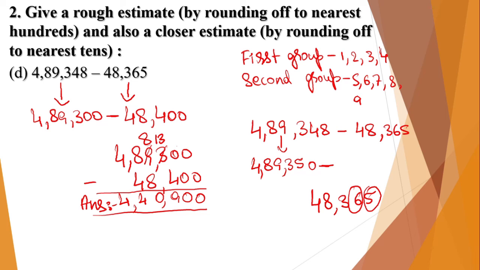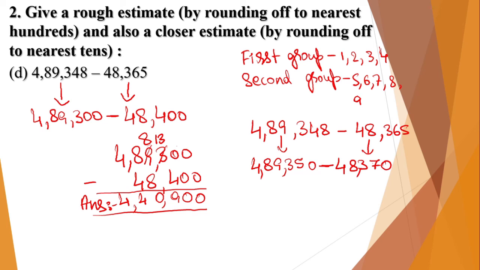And 6 plus 1 is 7. So 483 will be as it is, and 6 will become 7, and 5 will become 0. So 48,365 rounded off to the nearest tens will give us 48,370.